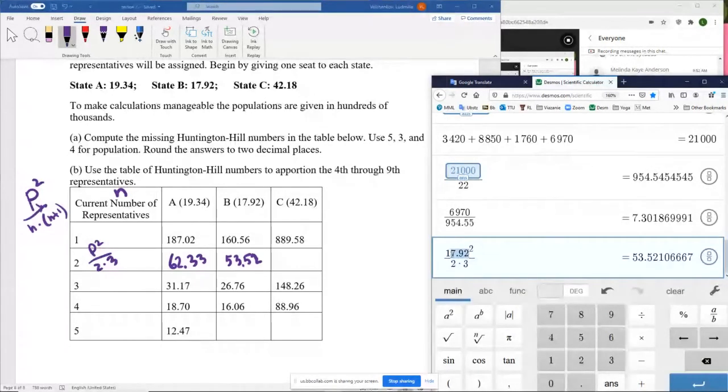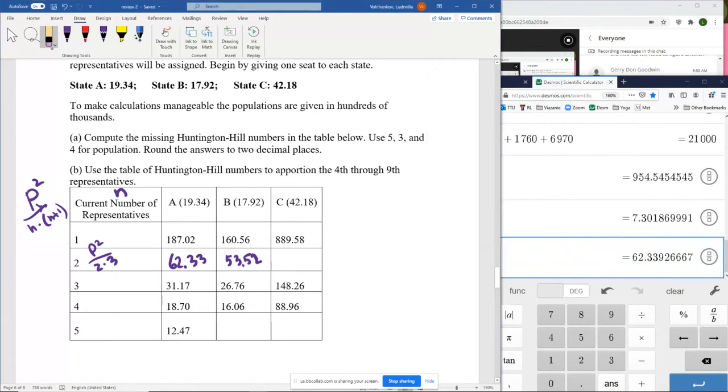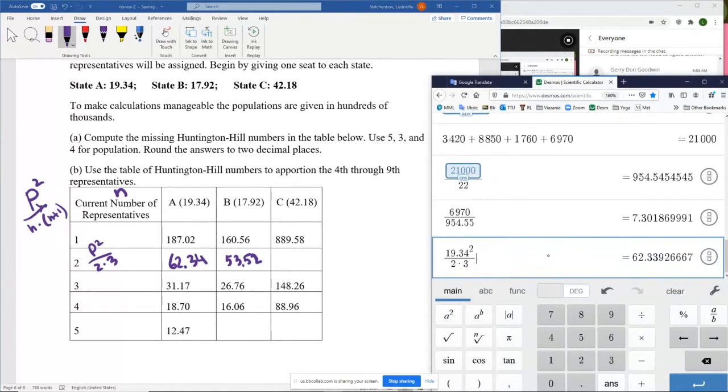Okay, I don't remember, so let us return to A, 19.34 squared divided by 2 and by 3. Oh, sorry, you are correct, it was 4. Although it doesn't matter. Okay, but you are correct, it was 34, I'm sorry.